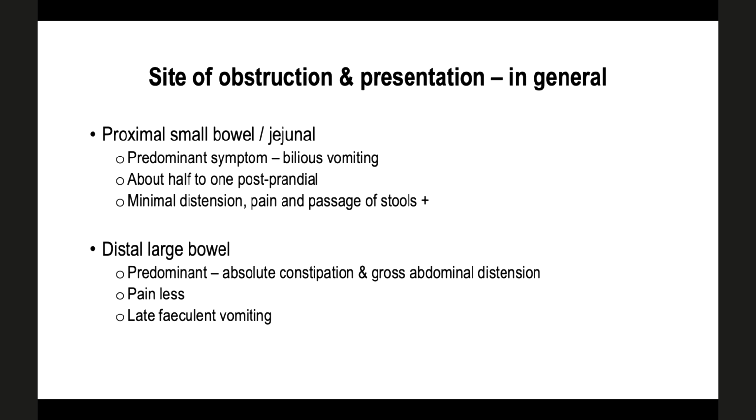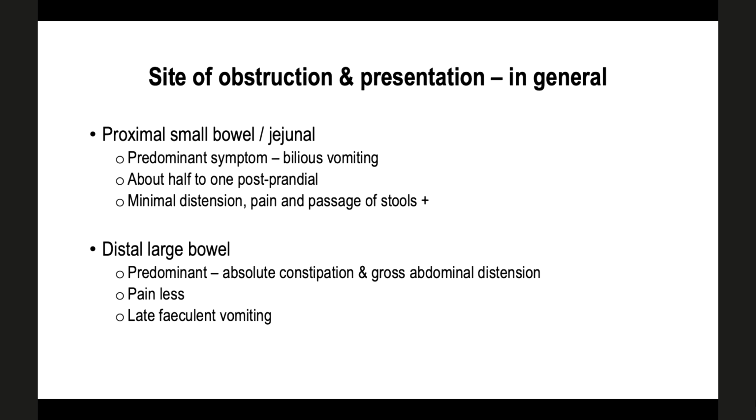The other extreme is distal large bowel obstruction. In distal large bowel obstruction, what you usually see is the opposite of this. Constipation, or what we call absolute constipation, is the predominant symptom. These patients have a grossly distended abdomen. Why? The large bowel is a large capacitance hollow viscus, so a lot of gas and a lot of feces can collect, and it causes a huge amount of abdominal distension.